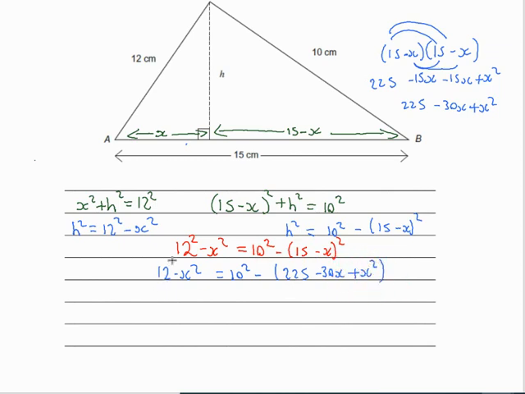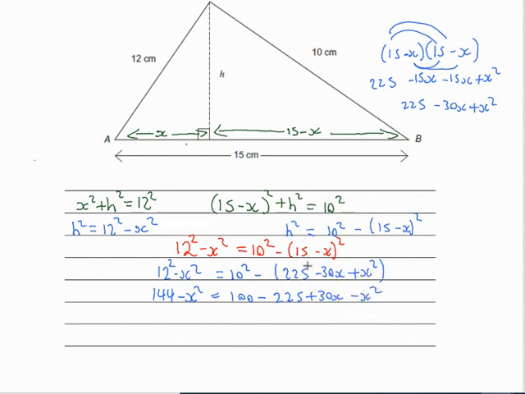Let's get simplifying. I did it again where I didn't write the squared. Please pick up on that. 12 squared is 144 minus x squared is equal to 10 squared, so that's 100, minus 225 minus 30x, so that's plus 30x, and minus x squared.